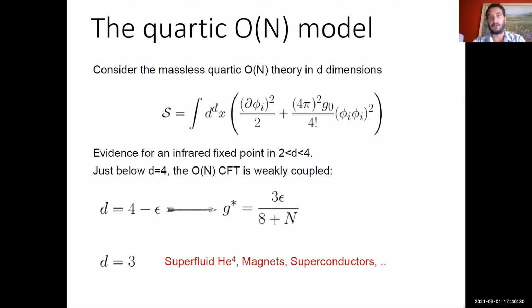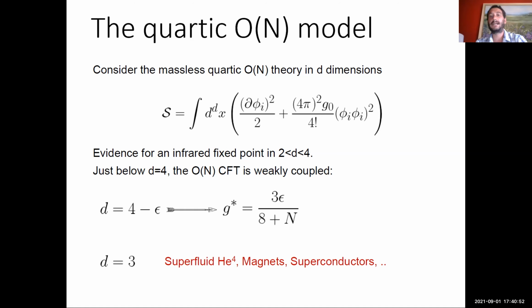This theory is very important for real-world applications. In 3 dimensions, it describes the phase transitions and critical behavior of a lot of real-world systems such as superfluids, superconductors, easy-plane magnets, all systems which fall into the same universality class.